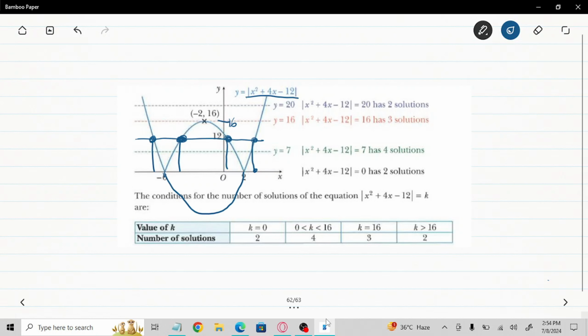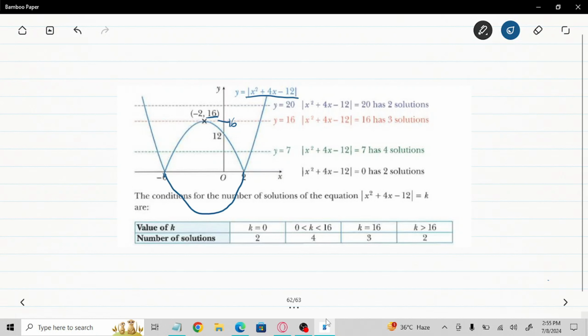So that would mean for different altitudes, whenever the y value is lesser than the y value of the minimum or maximum point in terms of a modulus graph, we would get 4 solutions. So I can say whenever the y value is lesser than the maximum point y value, meaning 16 here, not necessarily for all the others, it could be 12, it could be 2, it could be even 0.5, it depends on the equation and the graph.